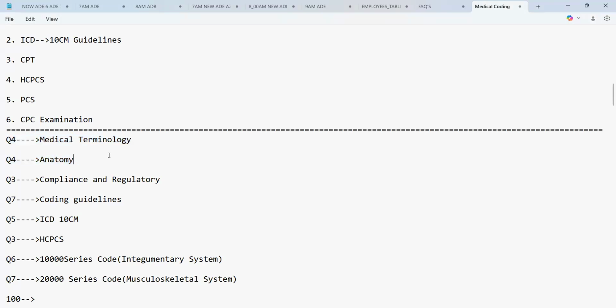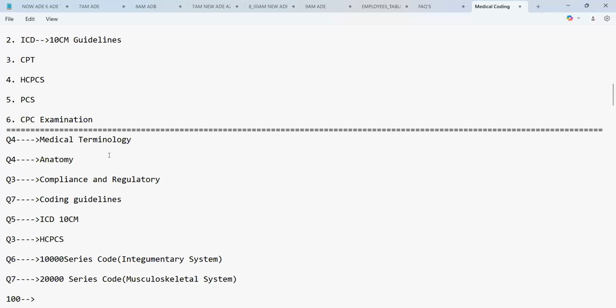Almost 3 to 4 questions on human anatomy, 3 to 4 on medical terminology, and 3 to 4 on compliance and regulatory. Some 5 to 6 questions on coding guidelines, 5 to 6 on ICD-10-CM, and 2 to 3 on HCPCS.